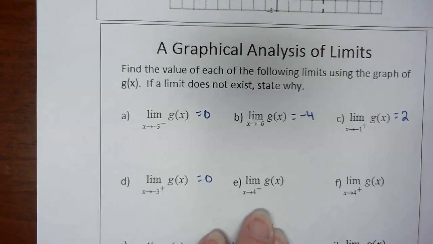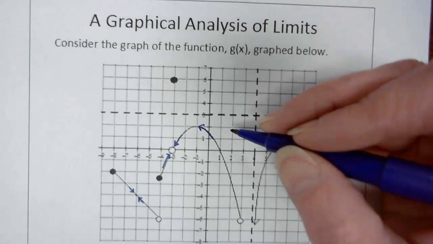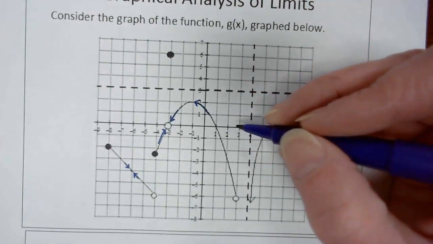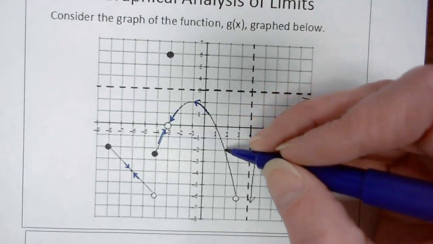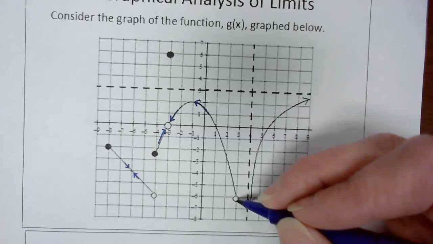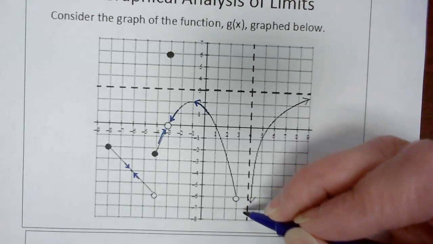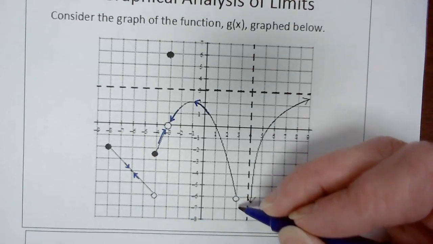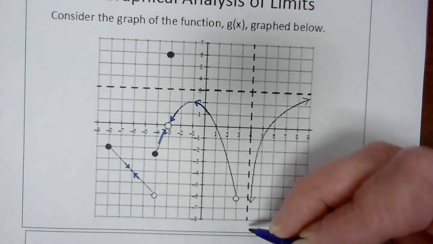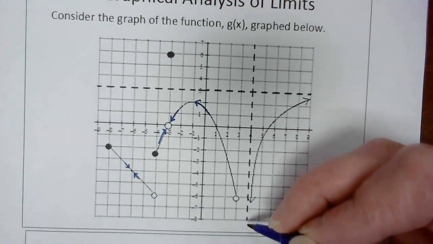As x approaches 4 from the left, well, this is kind of interesting. Here's when x is 4. From the left side, this graph stops right here. It does not get close to 4. It stops at 3. So it's not approaching anything as we go to 4.